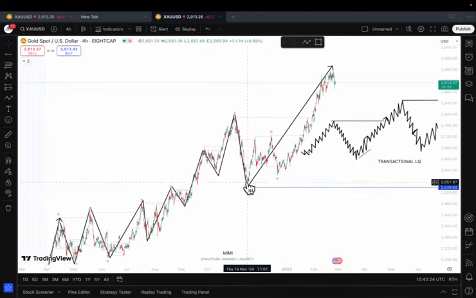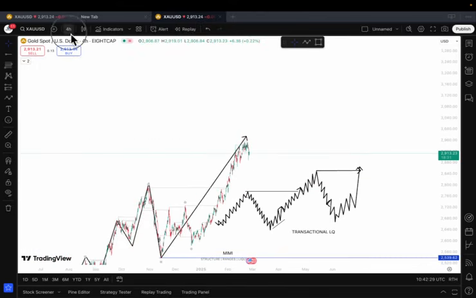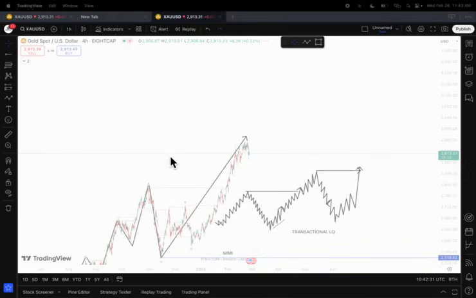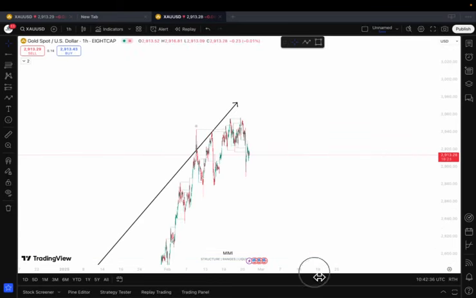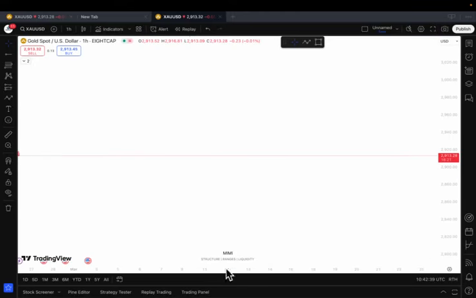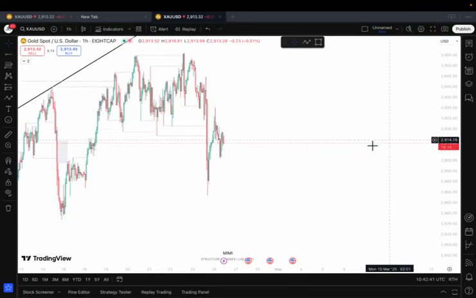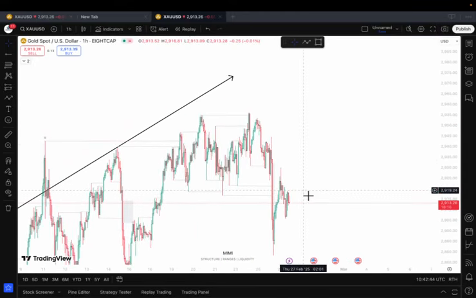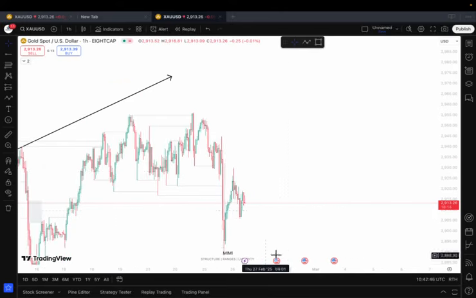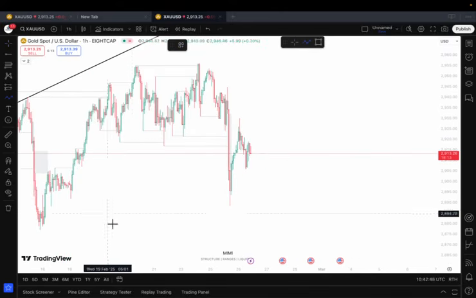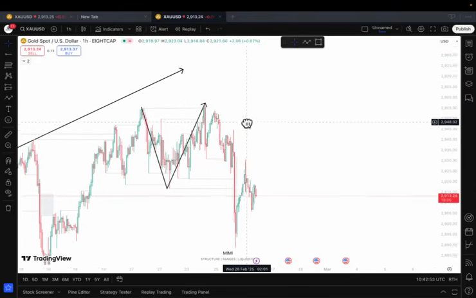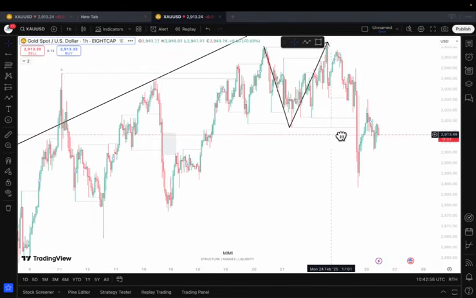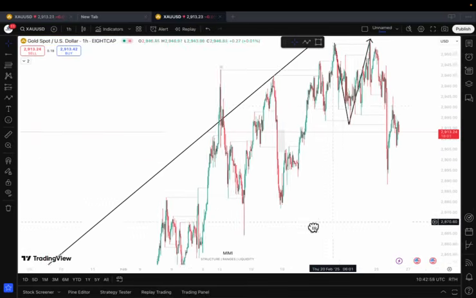Then from the most recent external, you start marking out your internals to the most recent internal. The most recent internal we have here is this guy, and following it is this other guy here.